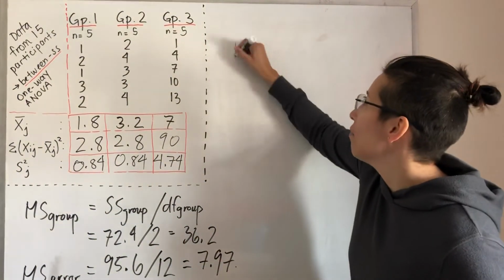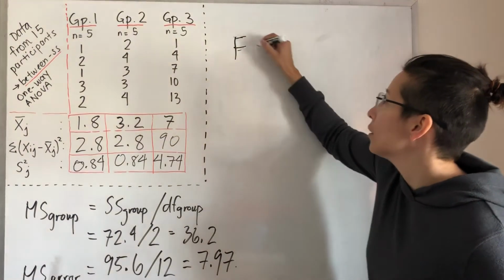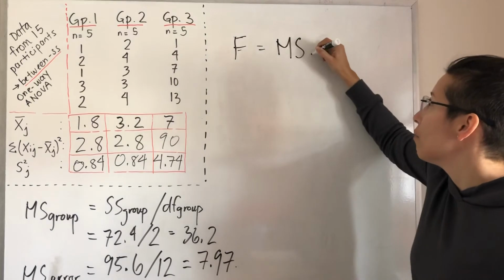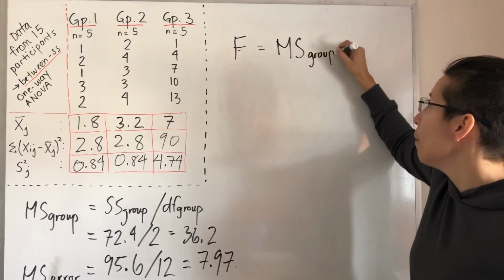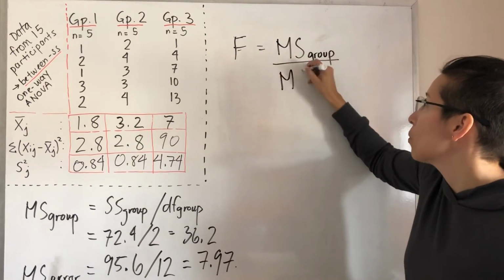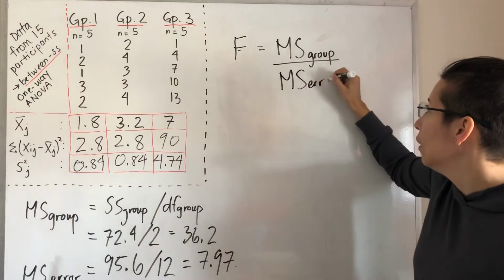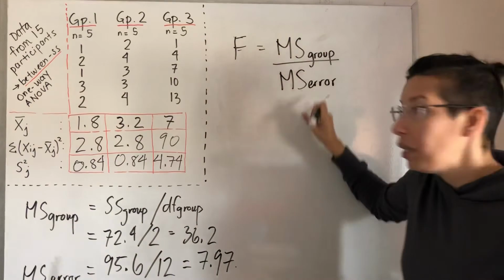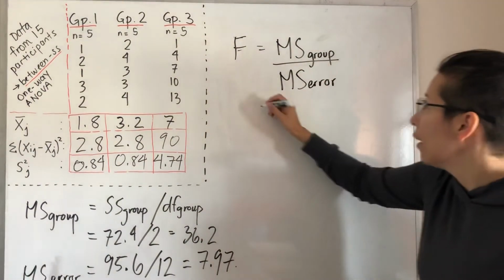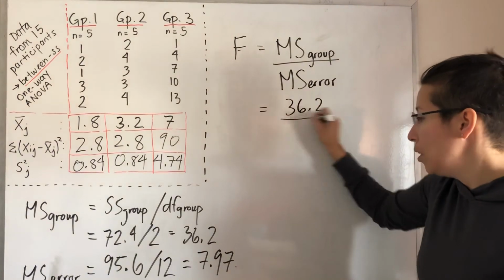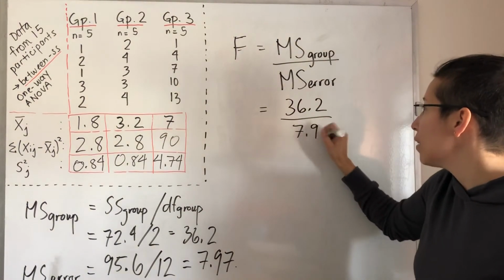So, we're going to find our F ratio, and that's going to be our MS of the effect, or the group, always on the top, divided by the mean squared, or MS, of the error on the bottom, or sometimes MS capital E, as I said before. That's equal to 36.2 divided by 7.97.